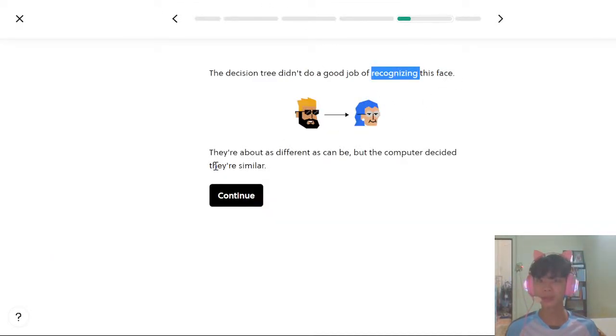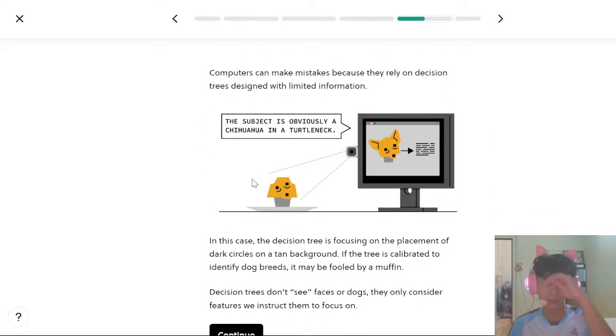They are about as different as can be, but the computer decided they are similar. Okay, quite good. So computers can make mistakes because they rely on decision trees designed with limited information.